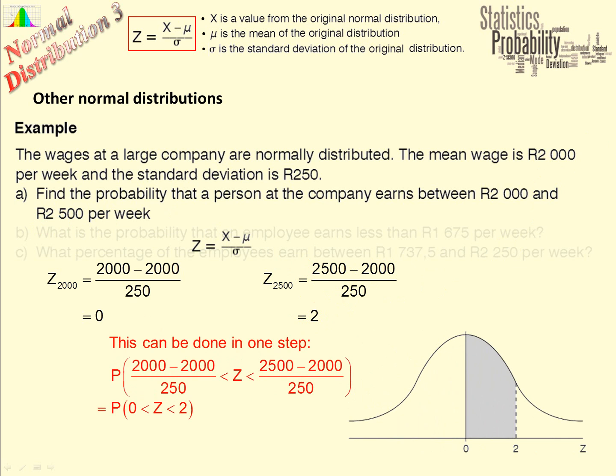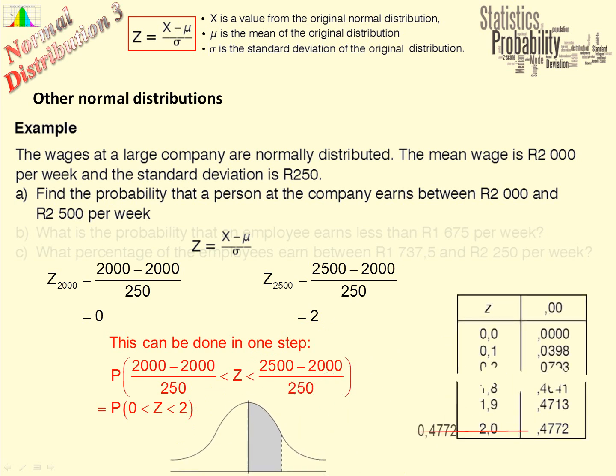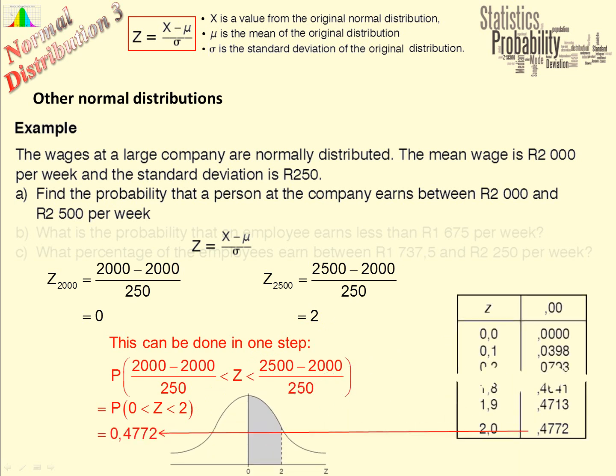So now, because it's between 2,000 and 2,500, it's now going to be between 0 and 2, which is the straight Z table. There we are, 0.4772. So the probability that somebody at the company earns between 2,000 and 2,500 is 0.4772.